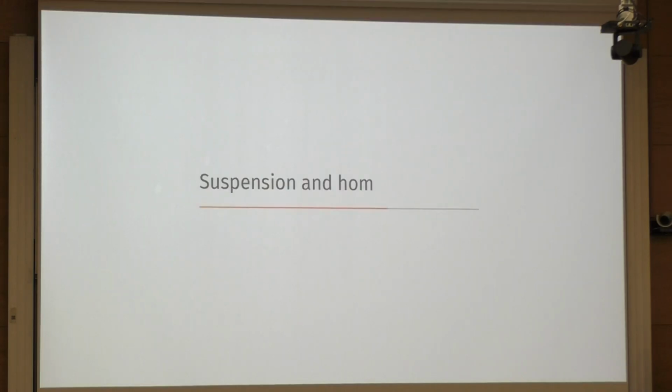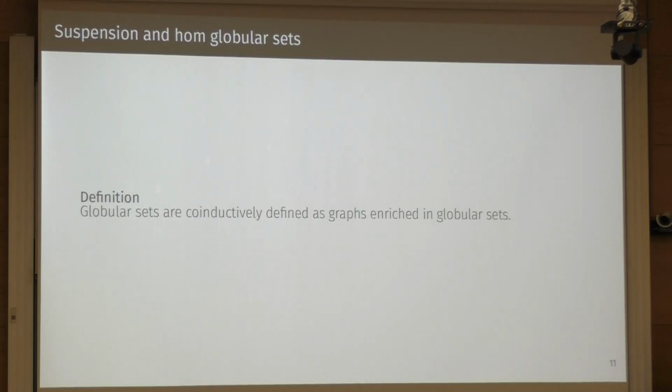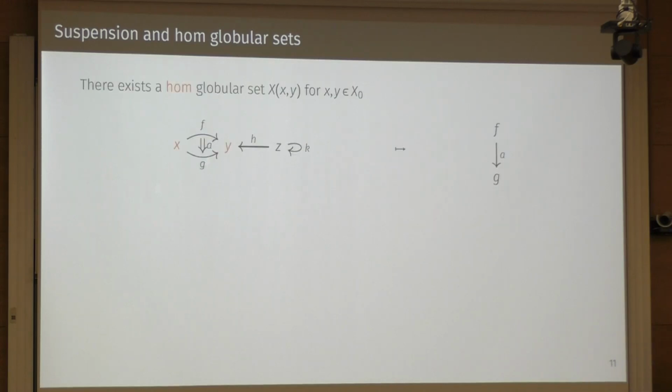And what we observed in our paper is that the same technique can be used to define hom omega categories and suspensions of omega categories. So, again, another way to see globular sets is that they are defined co-inductively as graphs enriched over globular sets, which means that for every pair of objects in a globular set, we can define a hom globular set of arrows from the first object to the second one.